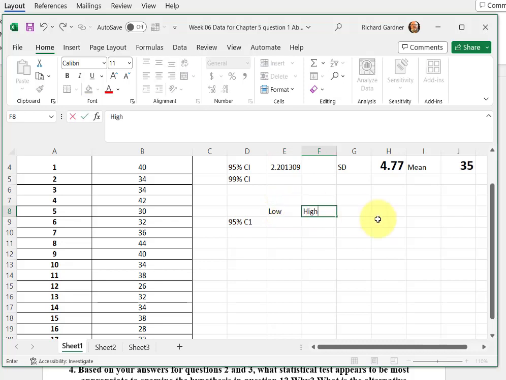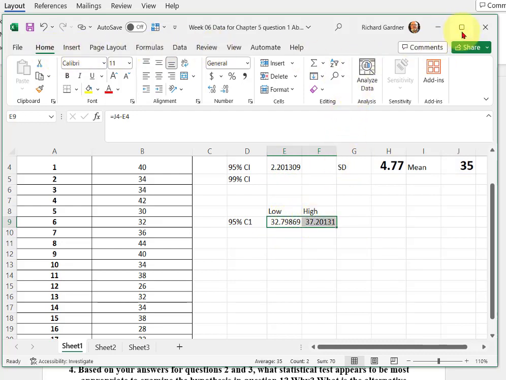For the low number, I'm going to go to the function bar, hit equals, and take the mean of 35 minus the margin of error, and that's going to be my answer. For the high value, I'm going to go up to the function bar, hit equals, take the mean, and this time add that margin of error. And that's our answer.